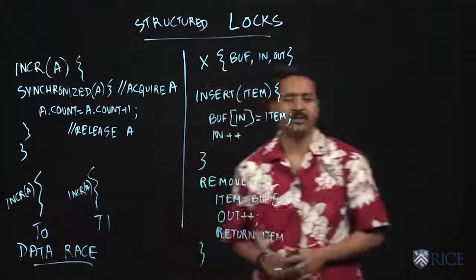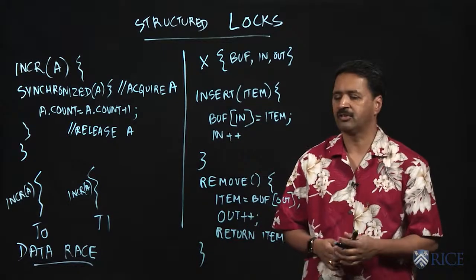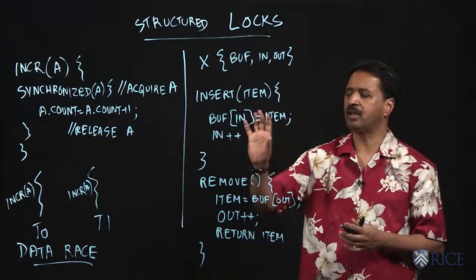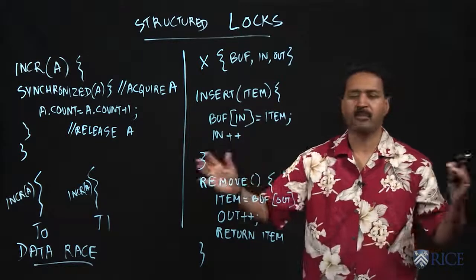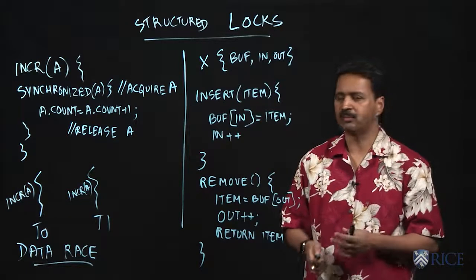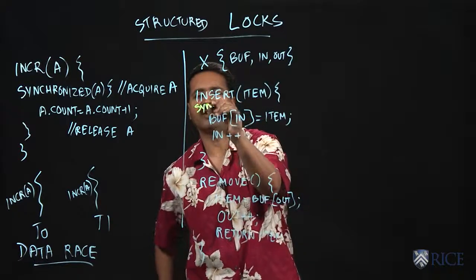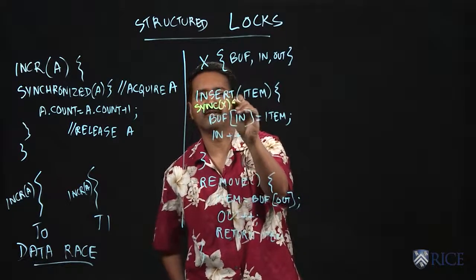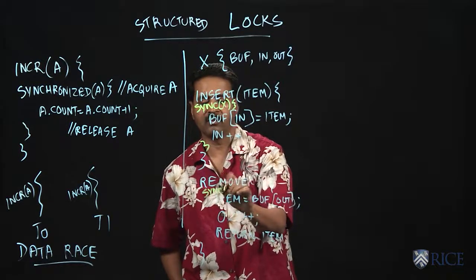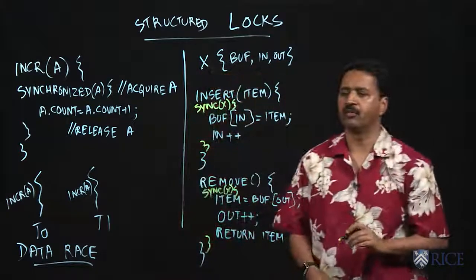Now, again, you can see how this would work in a sequential program. You can call multiple inserts and removes, that's fine. What we need to think about is what can happen when inserts and removes are called by multiple threads in parallel. So we will need to do some synchronization, and so we will have to do something like synchronize on X over here around the bodies of insert and remove.